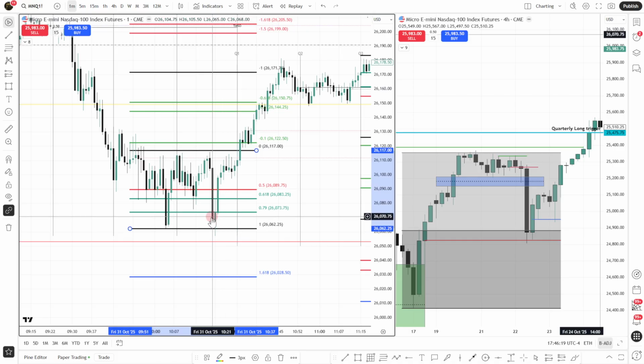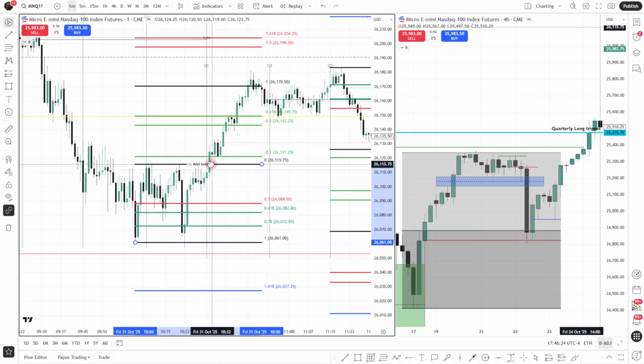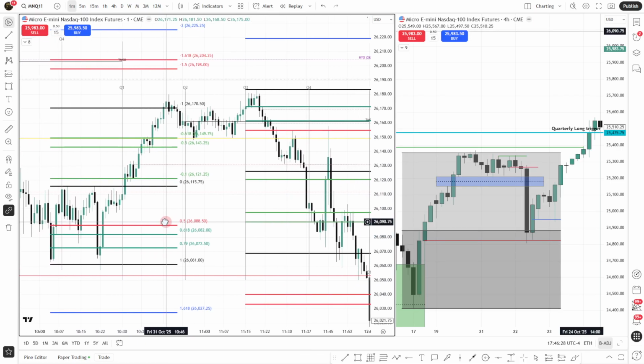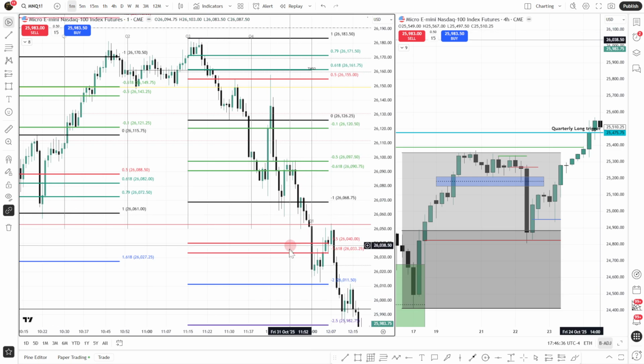It doesn't close, so technically you could try to get in here. But if you fib that, we don't get the retracement back in again. And then look what price does around that area. No movement to even close above this candle after running this low. It looks like it's going to run it, creates equal lows, and then just really heavy down close candles.